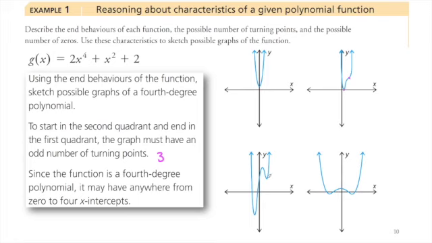We could have 3 turning points, and we could have 2 x-intercepts, or we could have 3 turning points, so 1, 2, 3, and we could have 1, 2, 3, 4 x-intercepts.